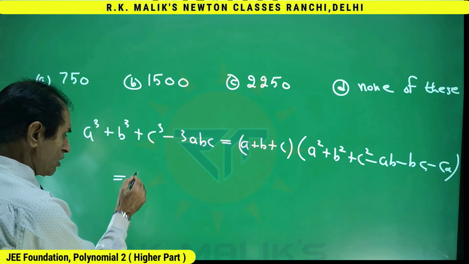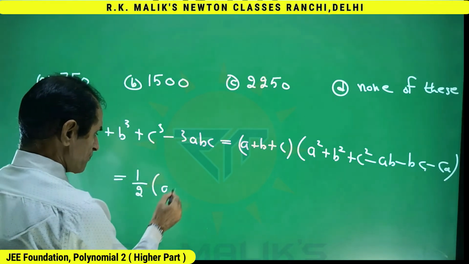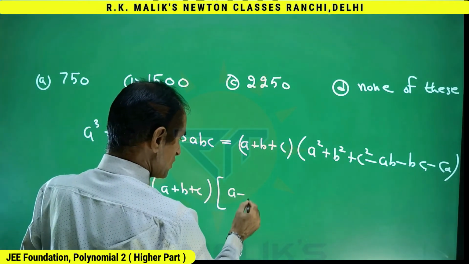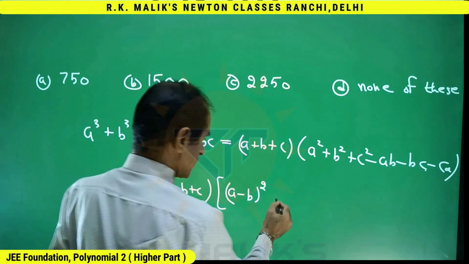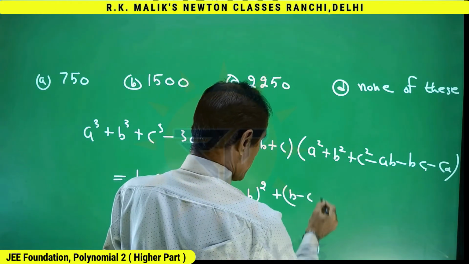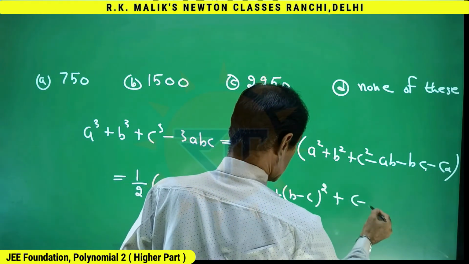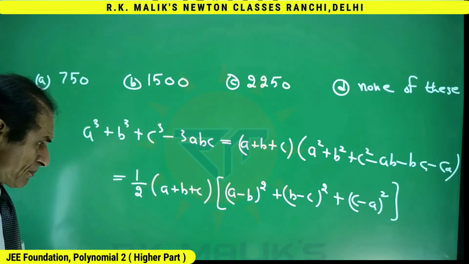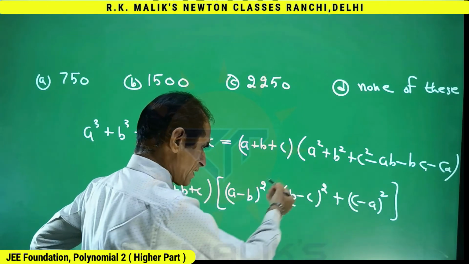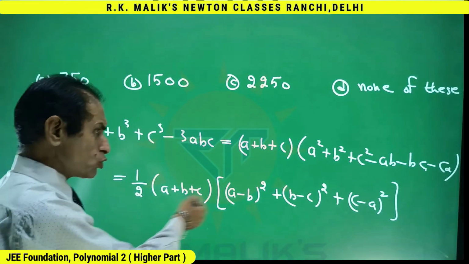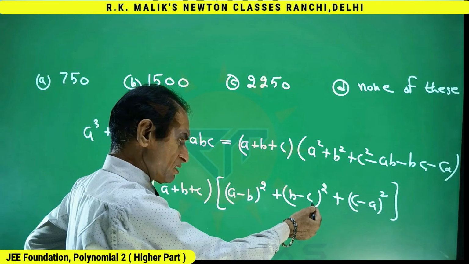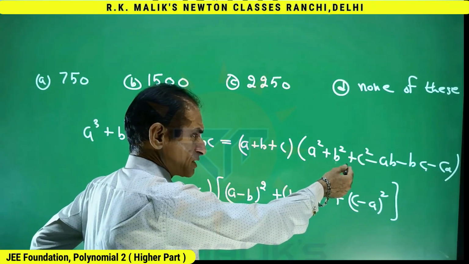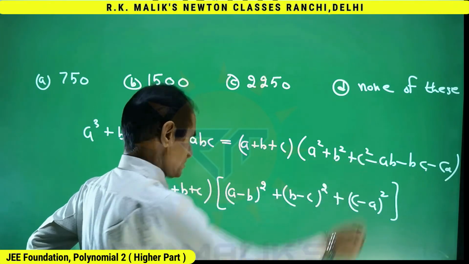This is equal to half of a plus b plus c into a minus b whole square plus b minus c whole square plus c minus a whole square. Just open all the brackets and by 2 you can easily see that you'll get this answer as a square plus b square plus c square minus ab minus bc minus ca.